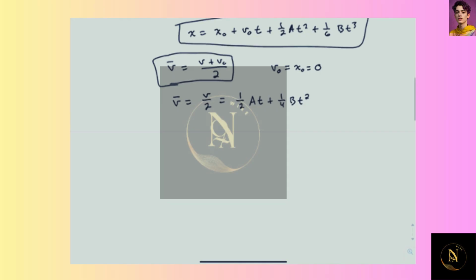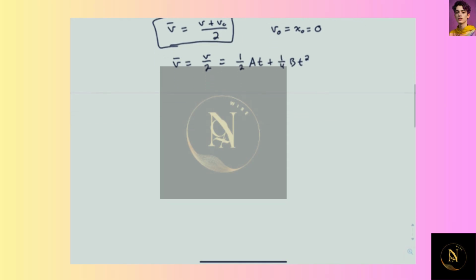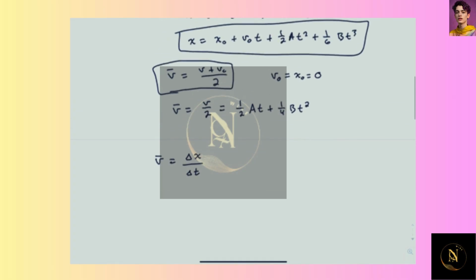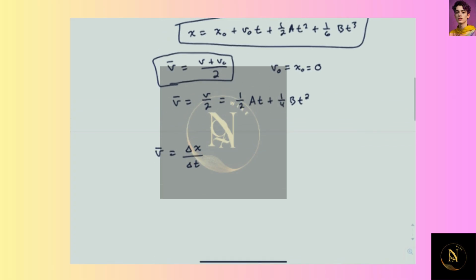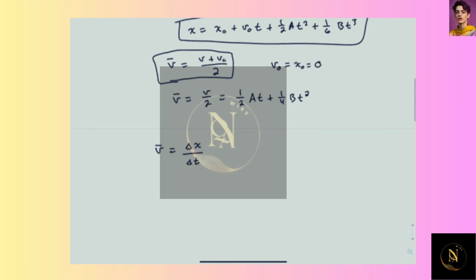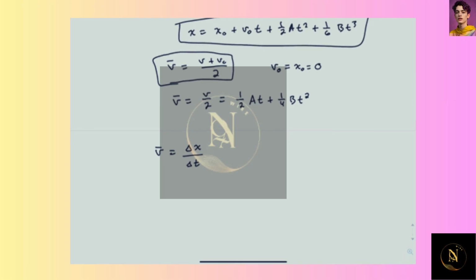So that's what we get if we use this equation for average velocity. And now we want to show that that doesn't work. So we know that average velocity is always going to be delta x over delta t. This is always true. And so if we plug in delta x here, actually we don't even need x0 to be 0 because we have delta x. But we still know v0 is 0.